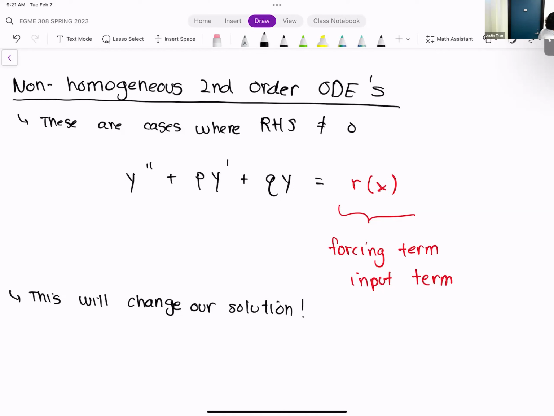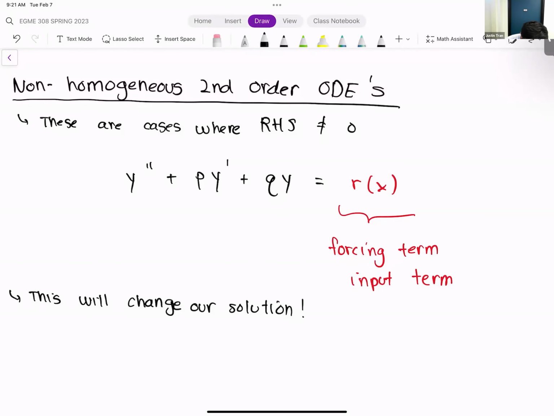The nice thing about this, and this is primarily due to the fact that our equation is linear with constant coefficients, is that we can treat the presence of this term almost separately from the rest of the equation.